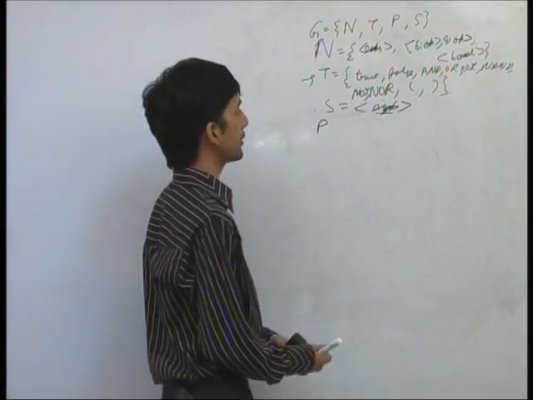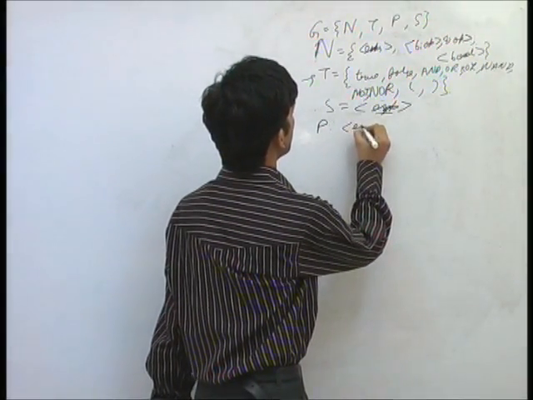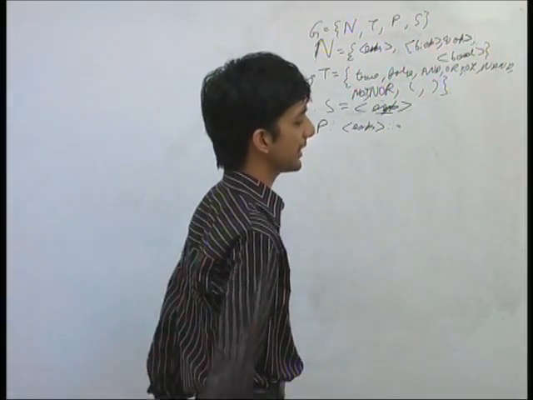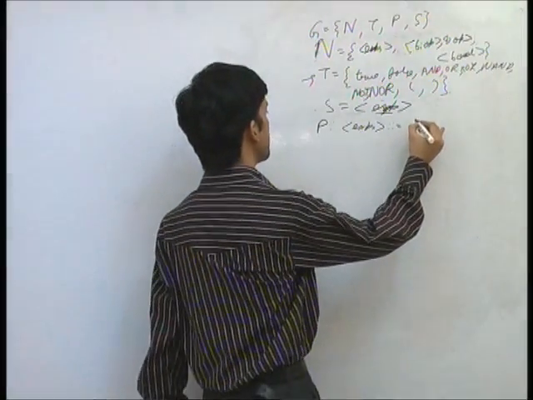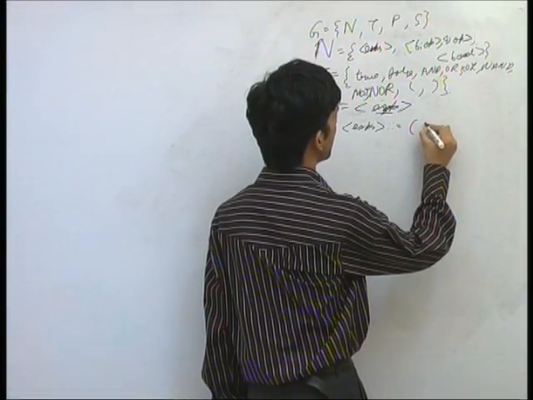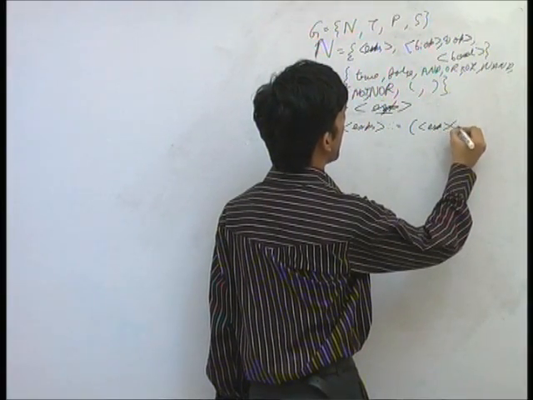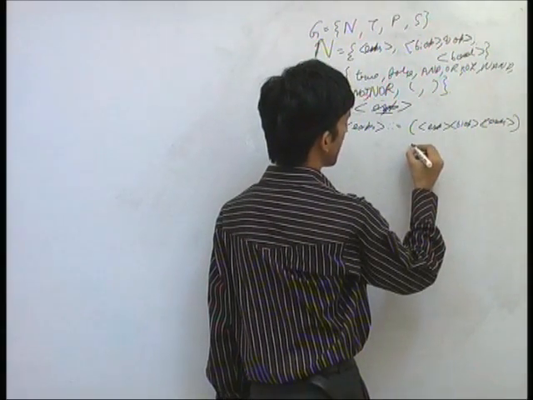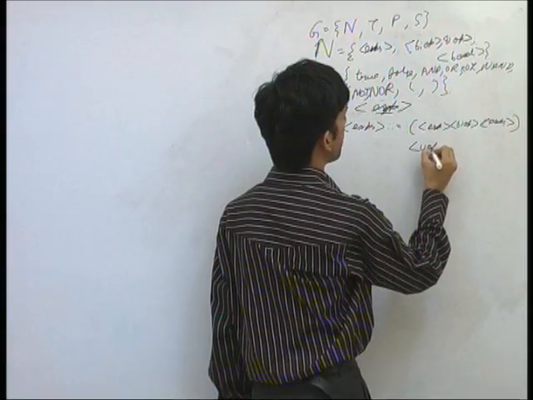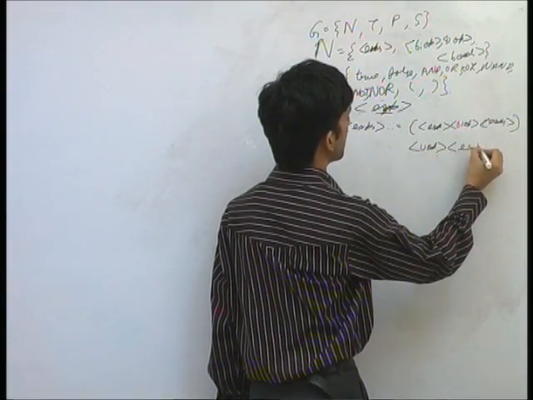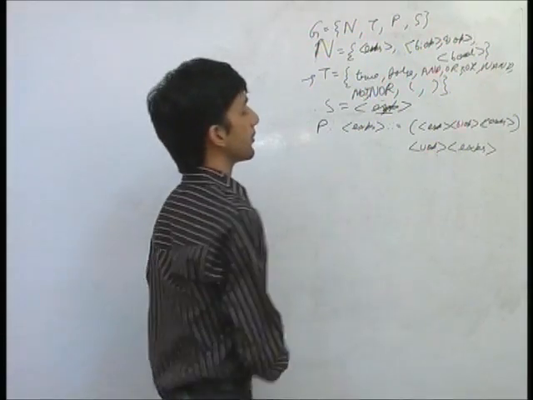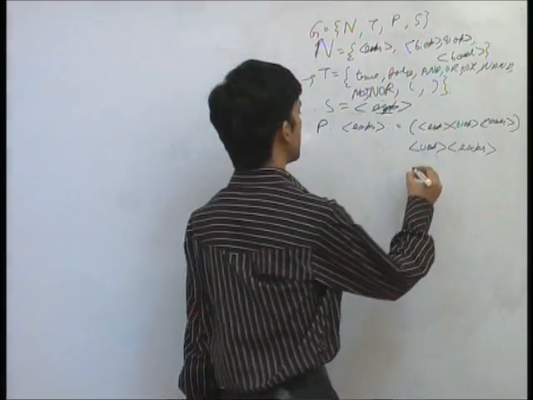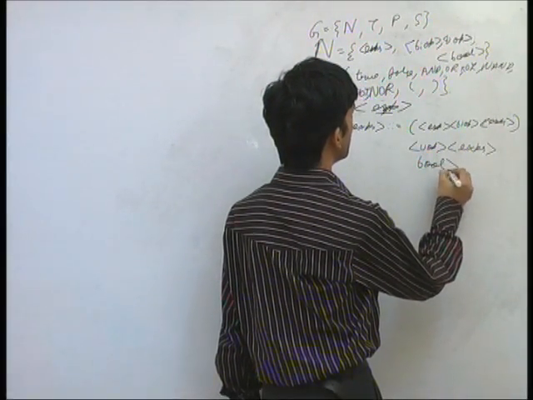So coming up onto the production rule, I'll use some kind of matching between non-terminating and terminating. I'll say that an expression can be broken down into a left bracket, expression, a binary operator, and an expression, a right bracket, or it can be broken down into a unary operator and an expression, or it can be broken down into a Boolean value.